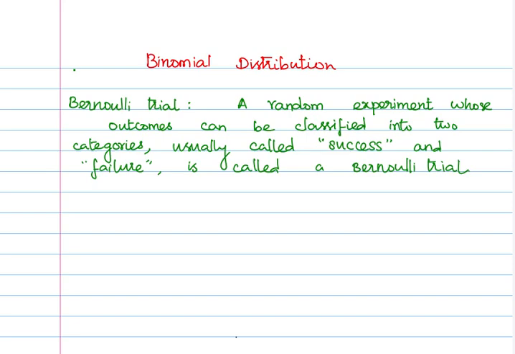If you toss a coin, you get head or tail; consider head the success and tail the failure. The performance of a student in an examination can be classified as pass or fail, where pass is a success. Only two outcomes come, correct? This type of trial we call a Bernoulli trial. I hope you understand what a Bernoulli trial is.